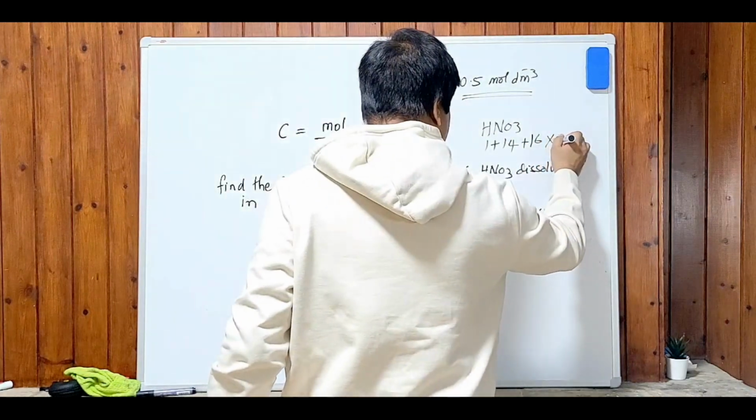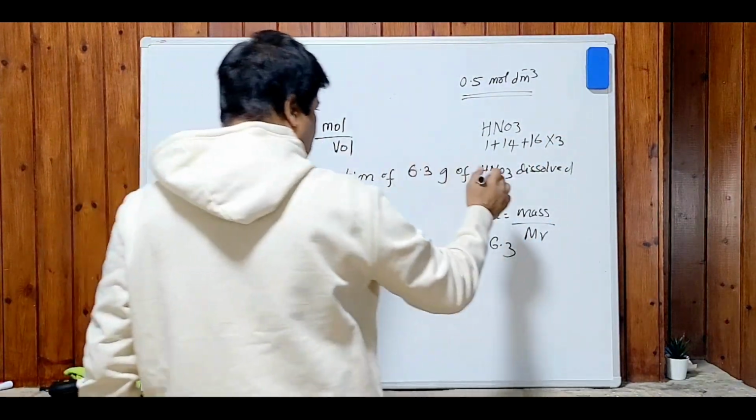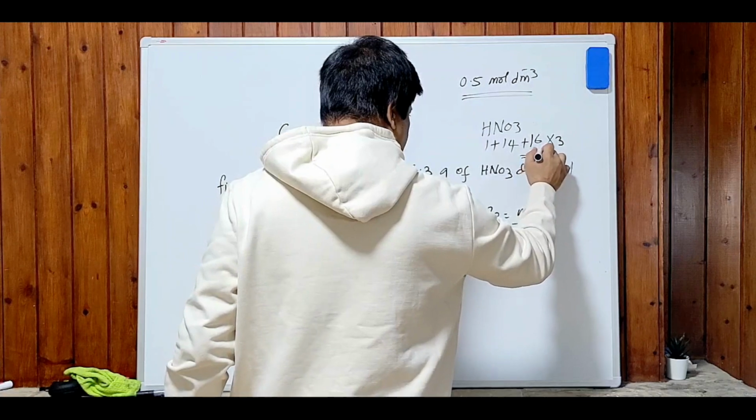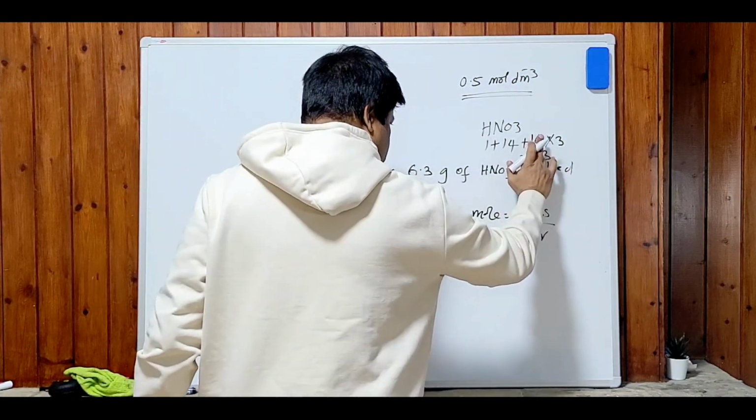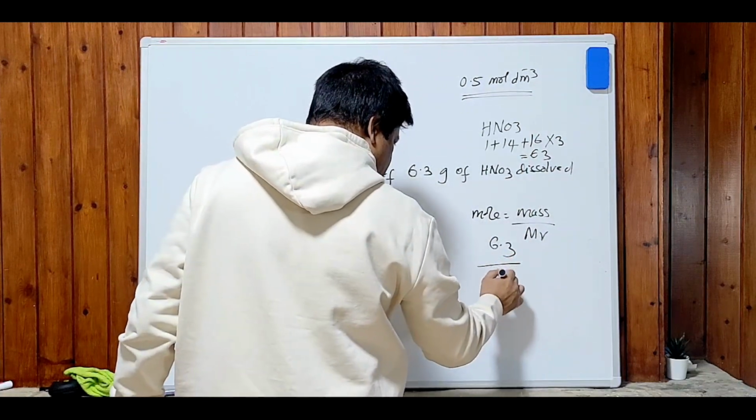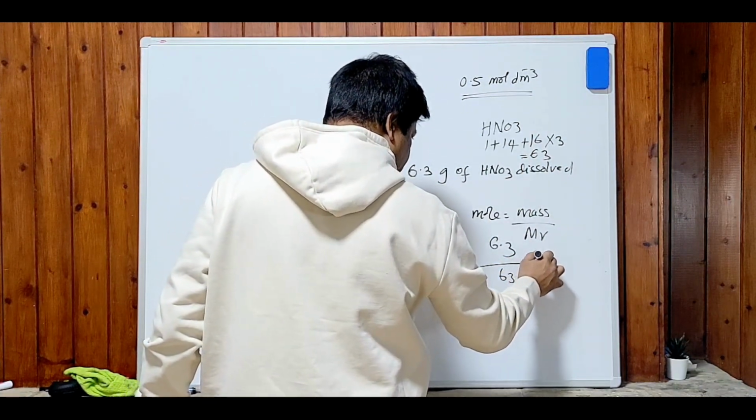You can get the Ar from the periodic table. When you work it out, it is 63. So 6.3 divided by 63 is 0.1 mole.